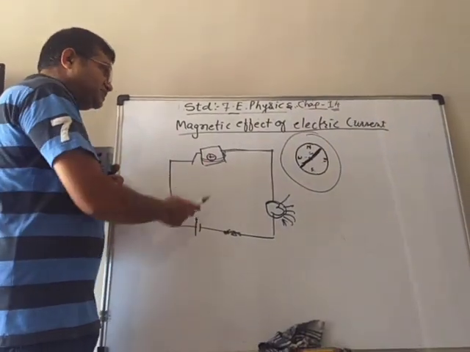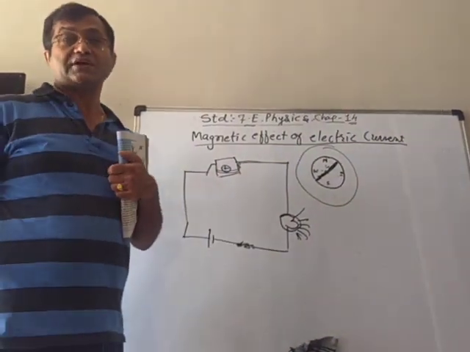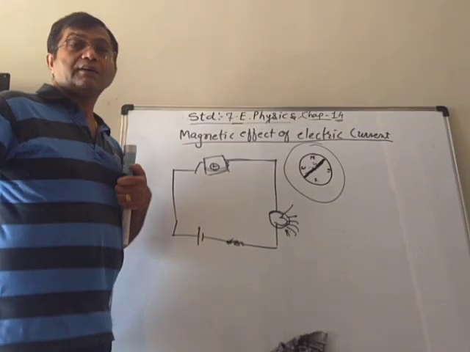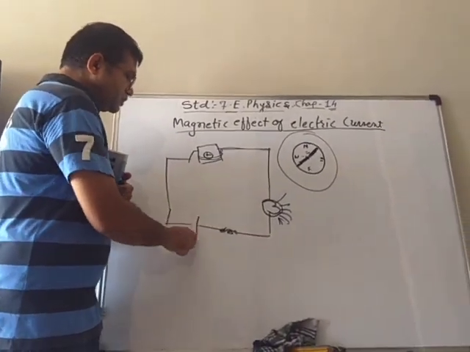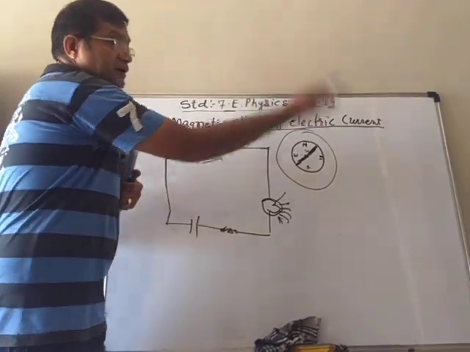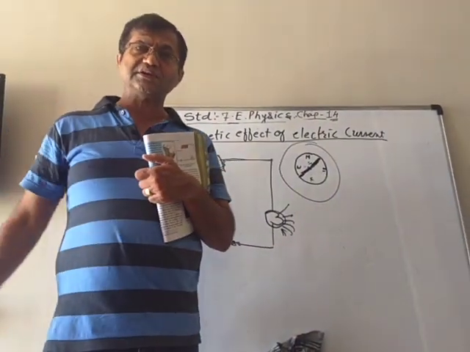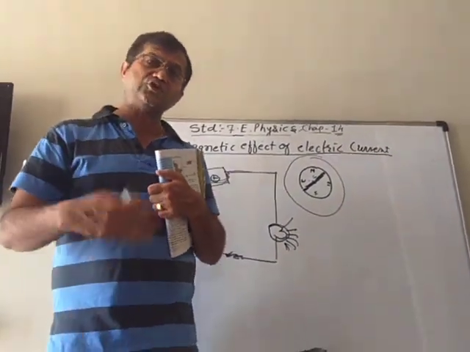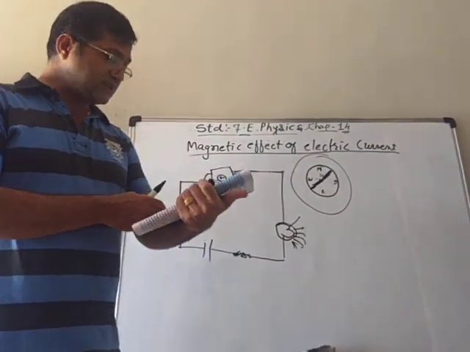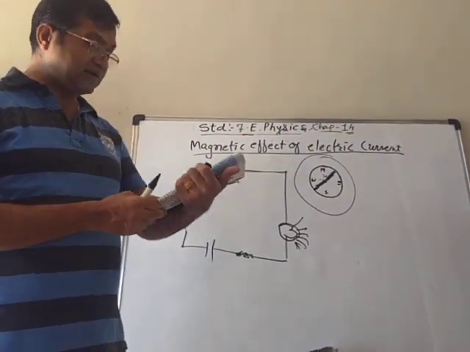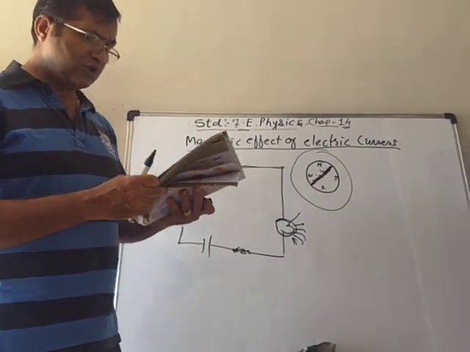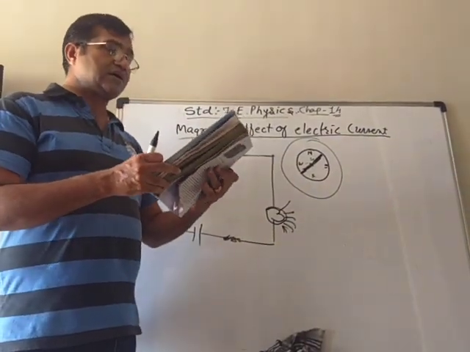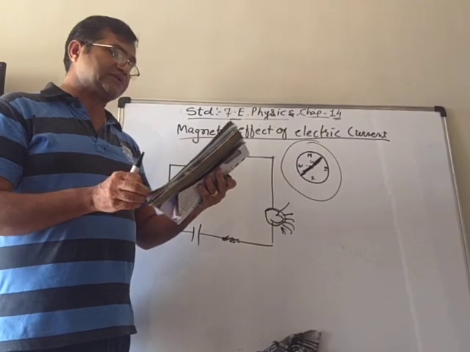As soon as you pass the current, it shows the deflection. If you reverse the wires of the cell, it will show the deflection in the opposite direction, from left to right or right to left. So this is called the magnetic effect of electric current.